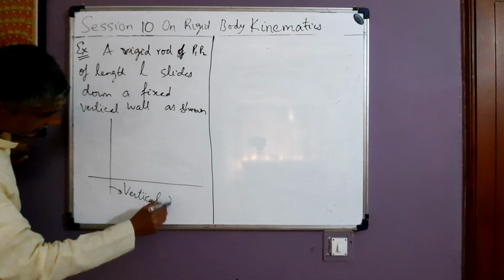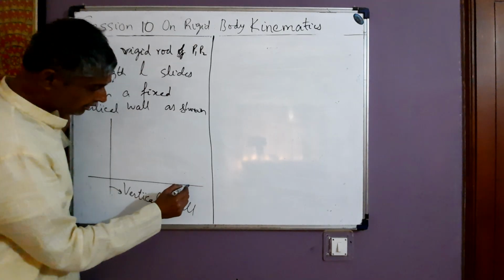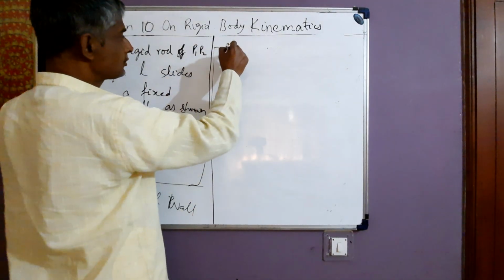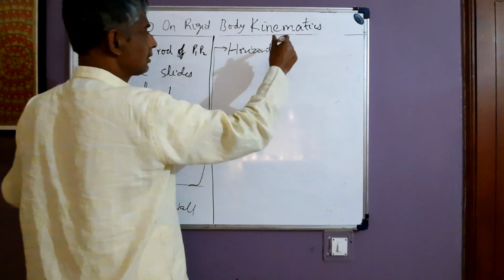This is the vertical plane, the vertical wall. This is the horizontal ground.